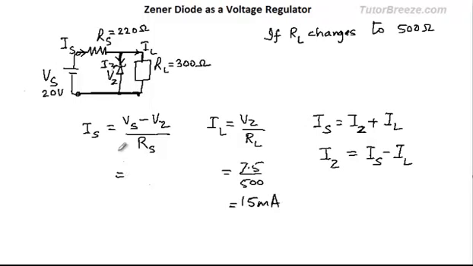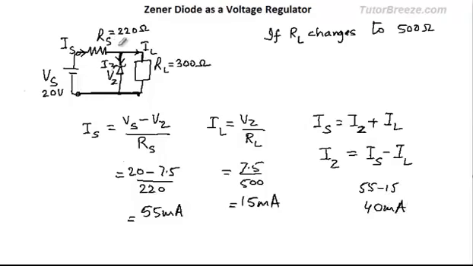Now, the source current over here is 20 minus 7.5 over 220, which was about 55 milliampere. And a current of 55 minus 15, which is 40 milliampere, will flow through the Zener diode.